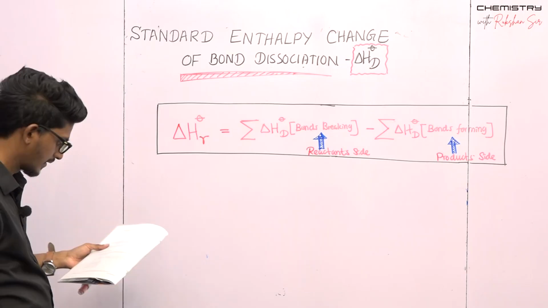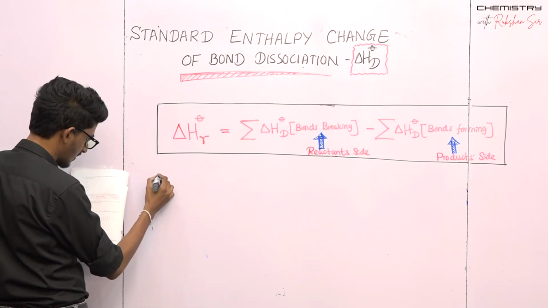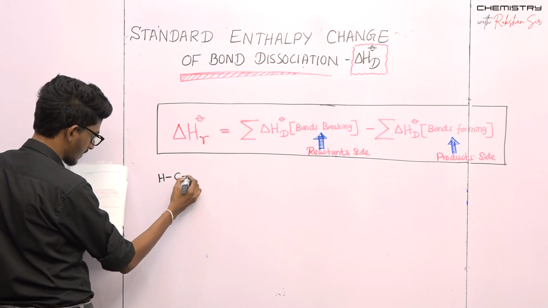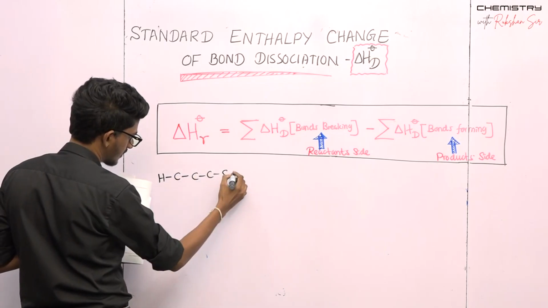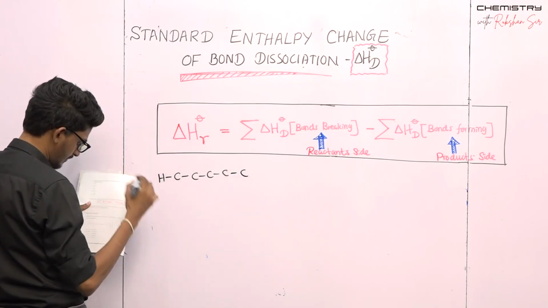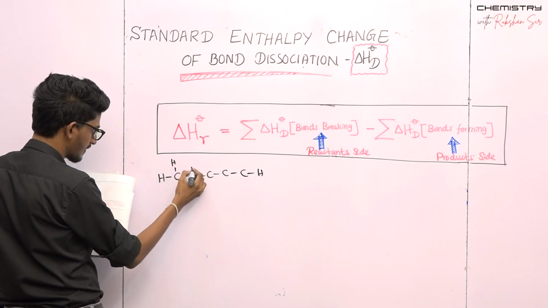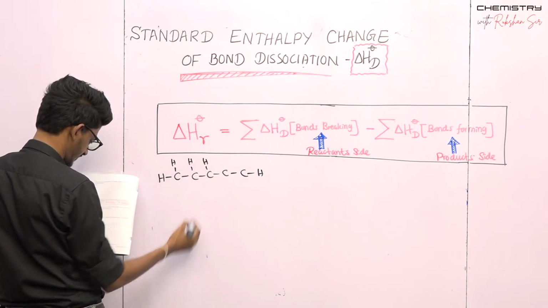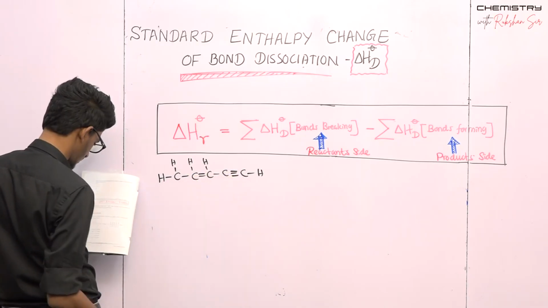So what is the reaction there? The reaction is this. This is the reaction available. So 1, 2, 3, 4, 5 carbons are there, no? 5 carbons are there, and these are the hydrogens appearing. A double bond is there and a triple bond is there, no?